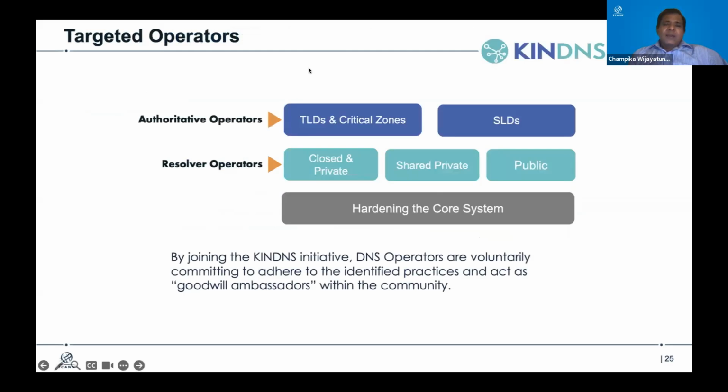When you use these KINDNS best practices, you can test yourself under different categories. You might be a top-level domain or critical zone operator. Say, for example, if you take .mm, you are managing the .mm TLD zone, or in fact, it is a critical zone. Sometimes in some countries, you may be managing some critical zones that affect the whole country, right?